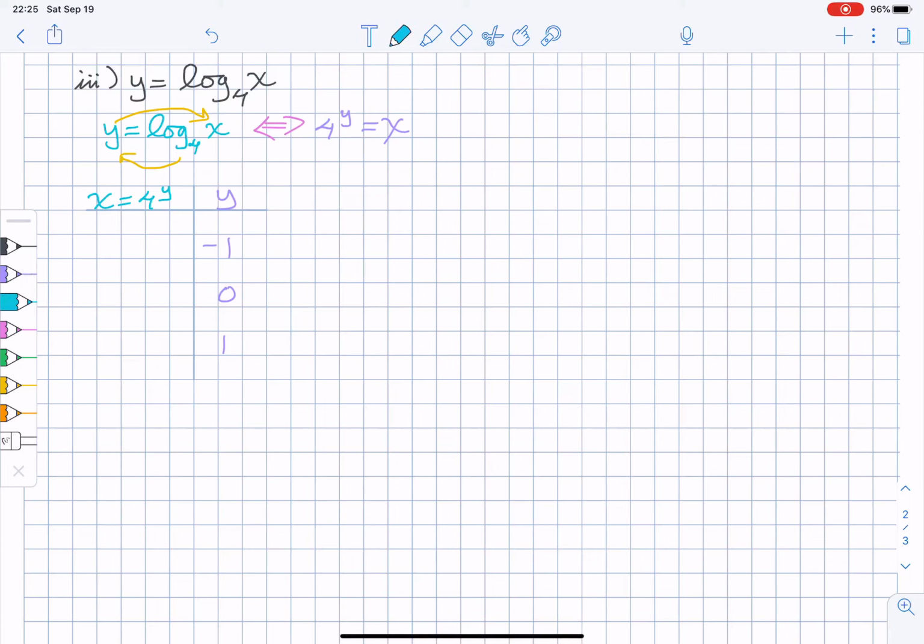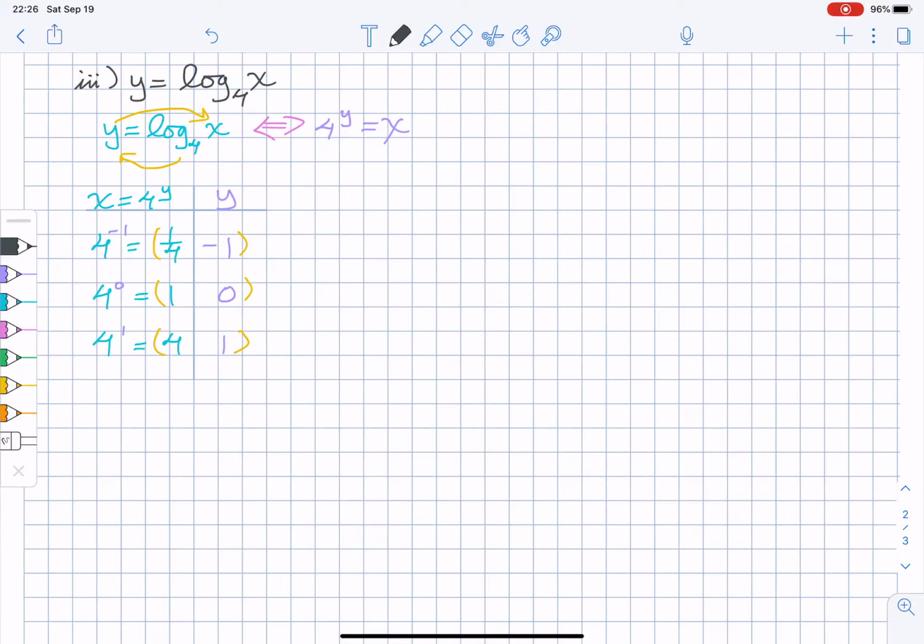Then we will have 4 to the -1st power, which is 1 over 4 to the 1st, or 1/4. Then we have 4 to the 0th power. Anything to the 0th power that is not itself 0 is 1. Then we have 4 to the 1st power, which is just itself. So we have these 3 points at the very least.